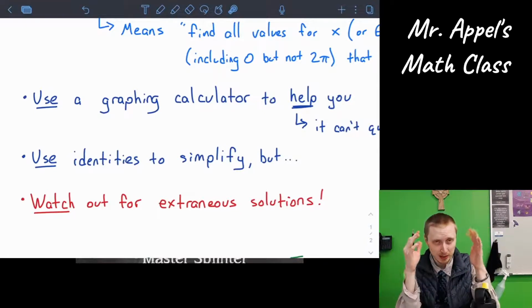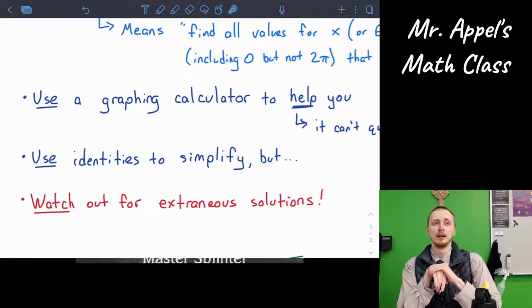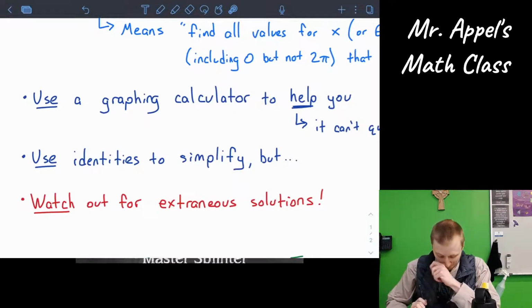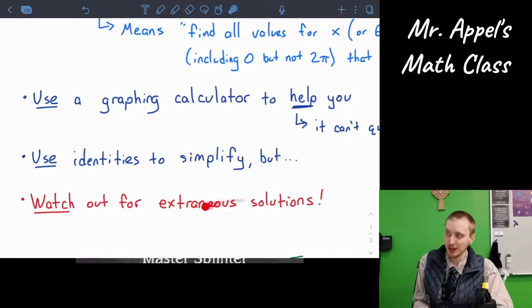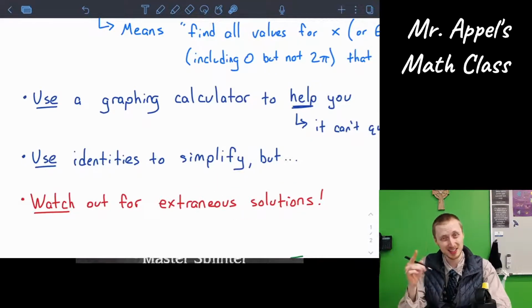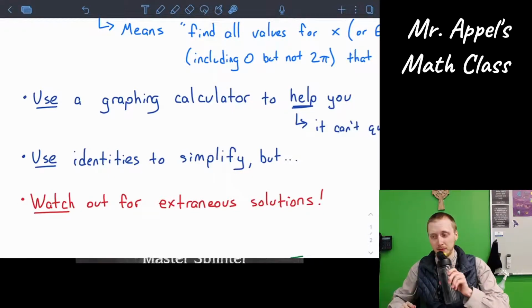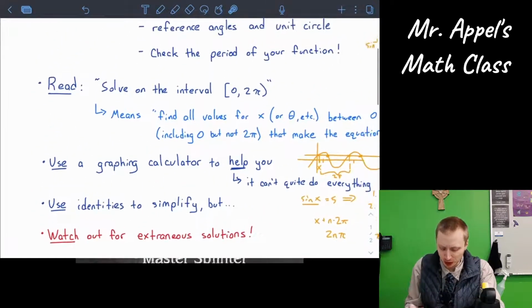Watch out for those domain limitations so you don't end up with extraneous solutions. So always double check your final solutions. Say, wait, does this actually work in my original equation? Okay, so there's the general advice. Any questions so far?